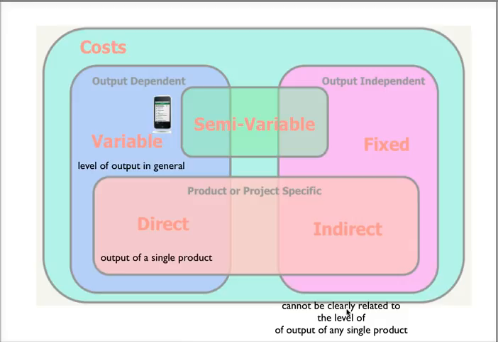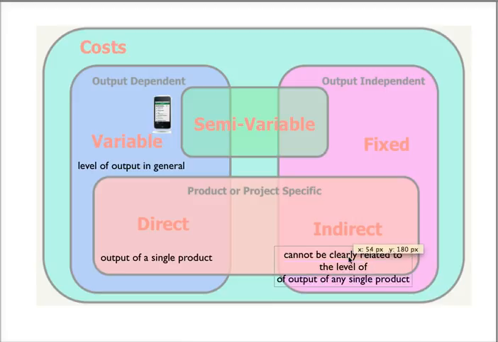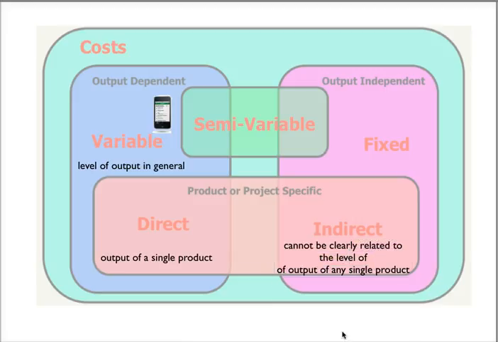Indirect cost refers to costs that cannot be clearly related to the level of output of any single product. So for example, something like fuel and power is associated with the level of production. However, it's not necessarily linked to one particular project or product because instead it is applied to all different areas of the business.